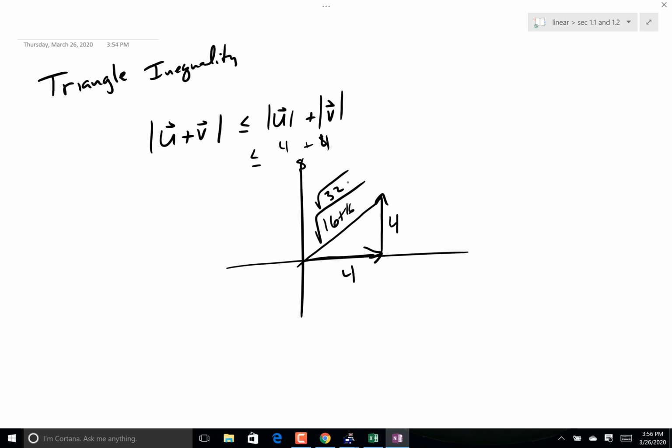Square root of 32 is less than 8. And that's always going to be a true statement. Always. The only time they'd be equal is if the vectors were in the same direction. Take these vectors in the same direction, of course, they're equal. Then they're equal. That's called the triangle inequality.